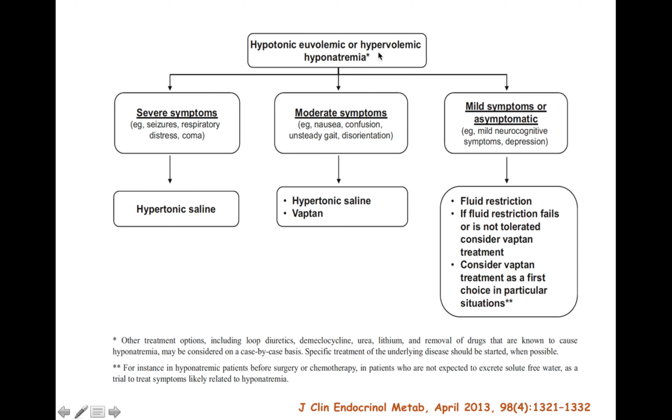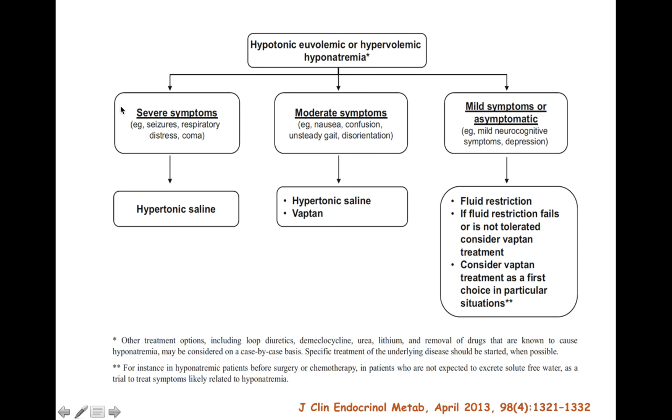So please remember, all of you, Vaptans are meant for euvolemic or hypervolemic hyponatremia. Don't use them in hypovolemia. If there is diarrhea, you give normal saline. So don't use Vaptans in diarrhea or say burns or any other hypovolemic state.